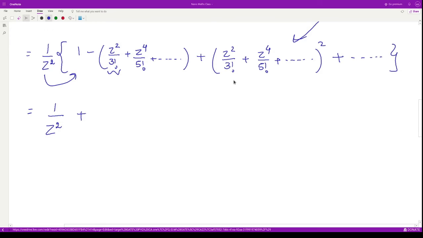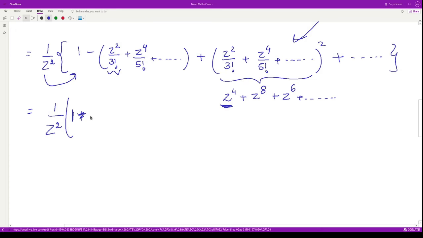If you open up this bracket, you would only have terms of the order z raised to power 4, and here you would have z raised to power 8 squaring all these terms, and then you would have mixed terms, so it would be z raised to power 6 and terms like that. So the minimum term here is z raised to power 4, right? So let us keep this 1 by z square as such for a minute.